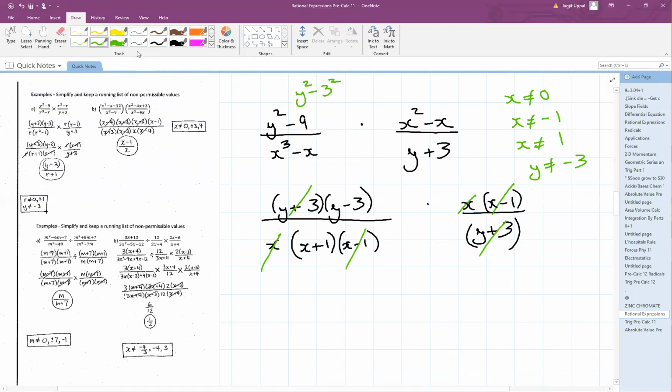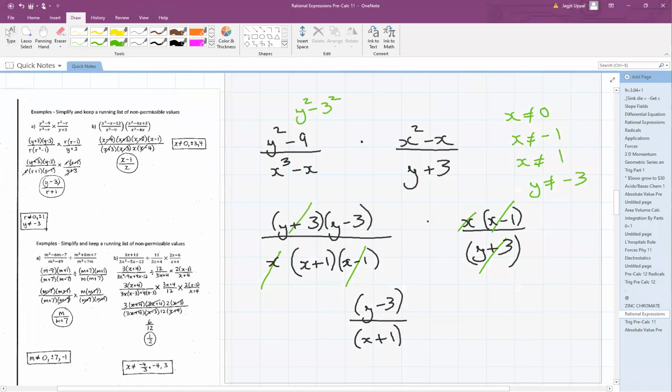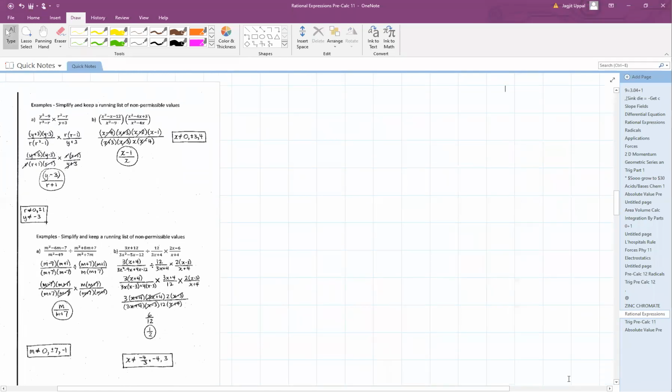This x is going to cancel with this, and my leftover is just going to be y minus 3 over x plus 1. And my non-permissible values are written over here. So far, so good, guys? Naneshwar, you're good? Okay, I'm assuming you're good.